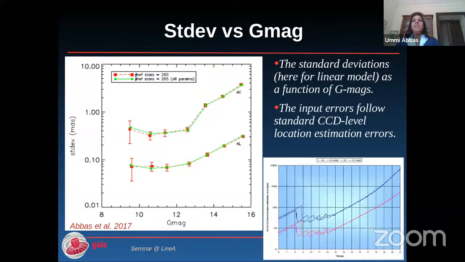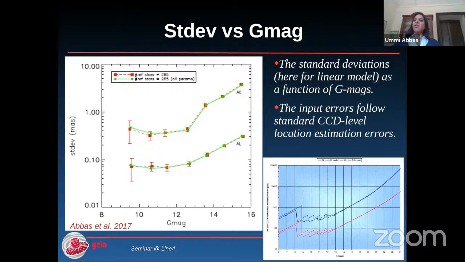So for the stability, coming back to the issue that I was discussing just a few minutes ago. Here, in this case, for the ecliptic pole scanning law, we notice that the standard deviation, as shown here, is exactly the one that one would expect from the standard CCD level location estimation errors.